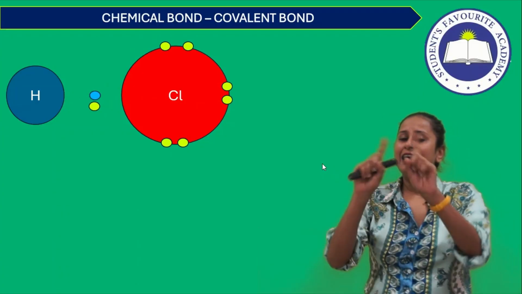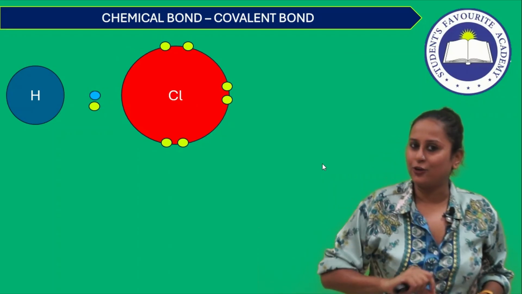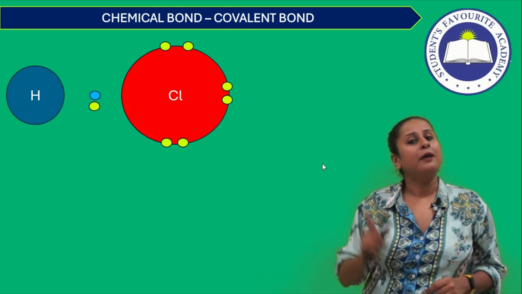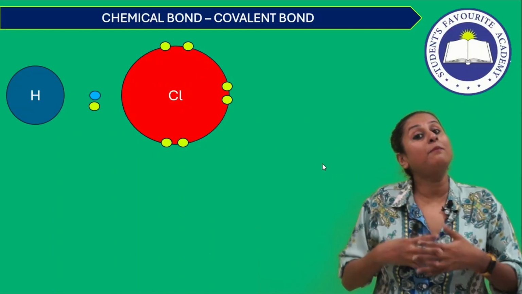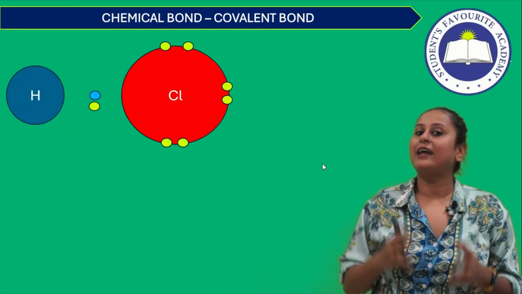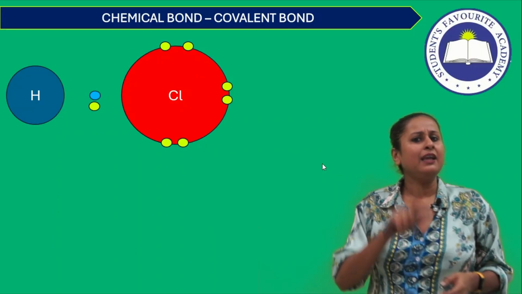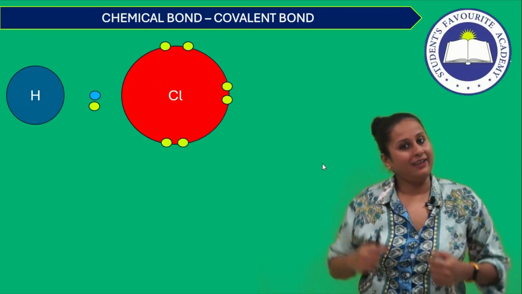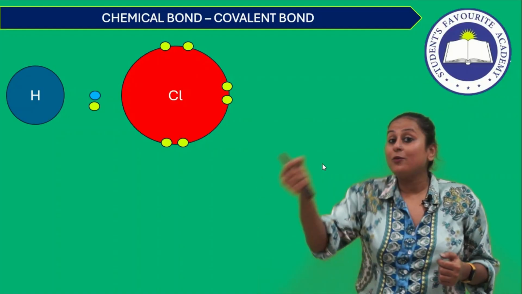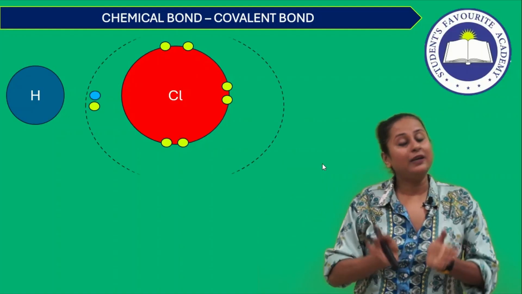As you can see, inside the shells there are 2 electrons. That means 1 pair is shared by hydrogen and chlorine to form that molecular bond or that covalent bond. Now you can see hydrogen, by sharing 1 of its electrons, got 1 electron from chlorine, so its duplet is complete.